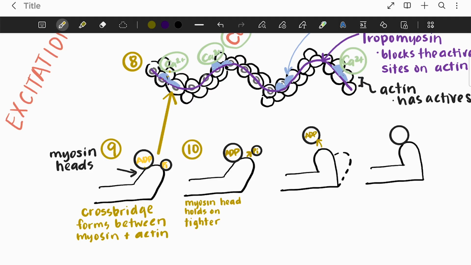So you're pulling from the right and the left, and it pulls that sarcomere, and that allows the whole myofibril, which in essence is the whole muscle, to shorten, okay? So the ADP leaves, causing the power stroke. So that's going to be 11.